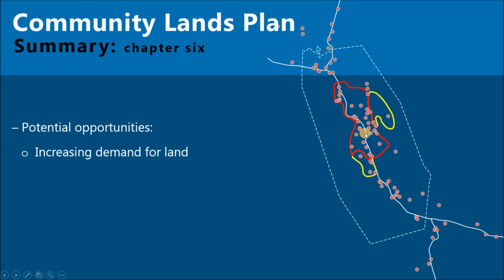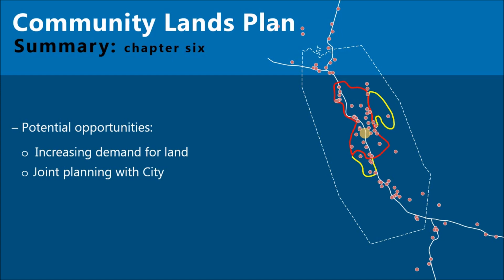So the increasing demand for land is a real opportunity for Kwalendon to get its land out there, get that developed, keep development within the existing urban containment boundary of the city, make it more efficient, and provide a way of accommodating the projected future growth for Whitehorse.